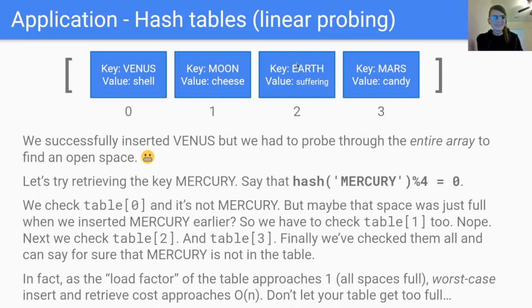But you notice here that we're doing a lot of probing. We're iterating through the whole thing a lot. And that's because the table is full. We have gotten to the point where all or almost all the table has been filled up with items. Our table is very small, but in general, the load factor of a table is the number of items in it divided by its size.